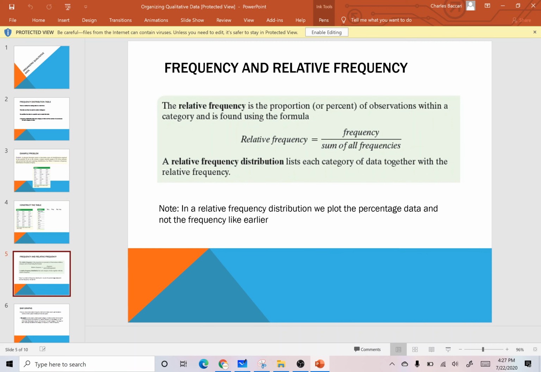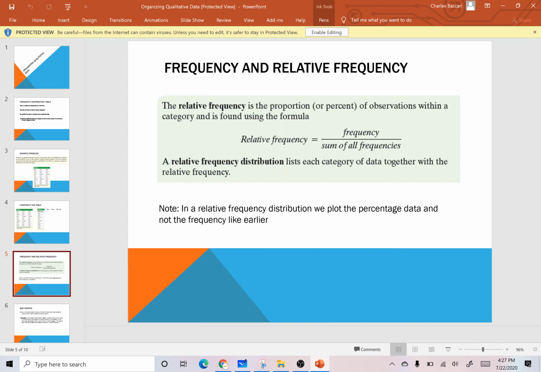So we look and it says a relative frequency is the proportion or percent of observations within a category, and is found by using the formula: relative frequency is equal to frequency divided by the sum of all frequencies. A relative frequency distribution lists each category of data together with the relative frequency.